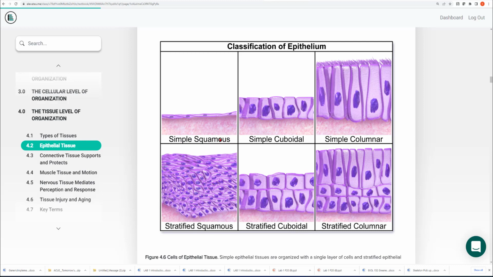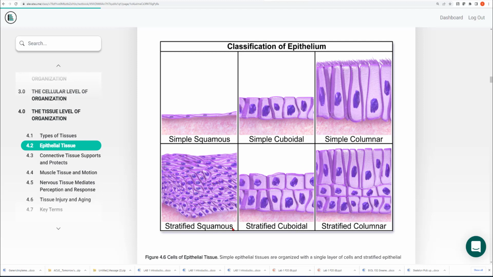So simple squamous is one layer of very flat cells, squishy, squashy, squamous. Simple cuboidal, one layer of cells that are like little cubes, little squares. Simple columnar, one layer of tall column-like cells.